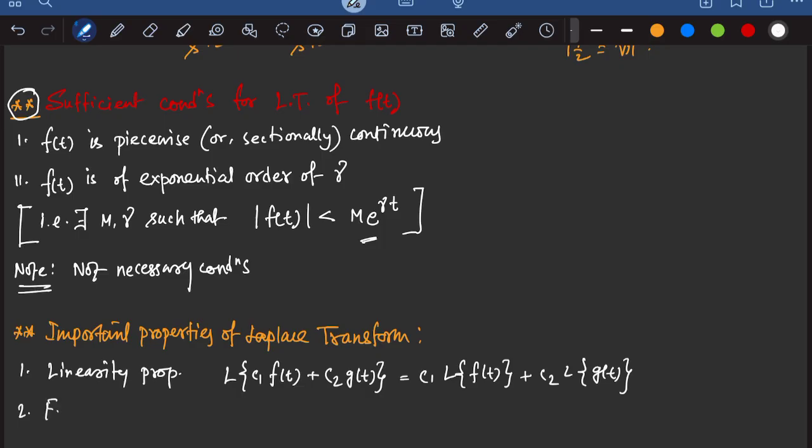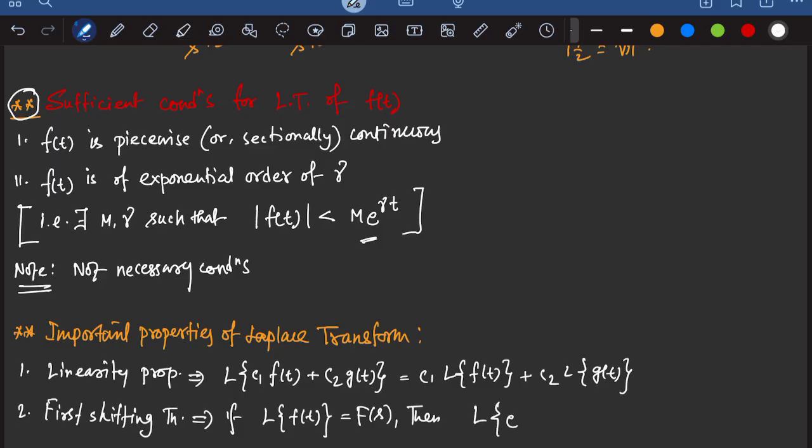The second one is the first shifting theorem, or first shifting property. It says that if the Laplace transform of f(t) is F(s), then the Laplace transform of e power at f(t) is F of s minus a.